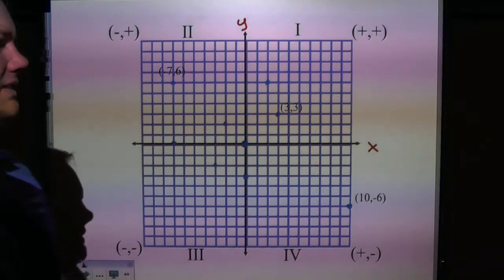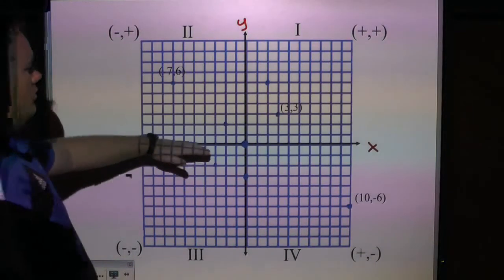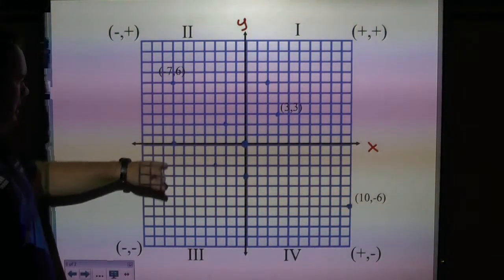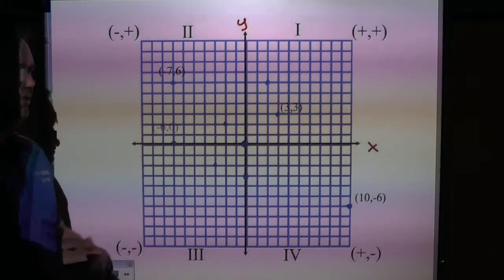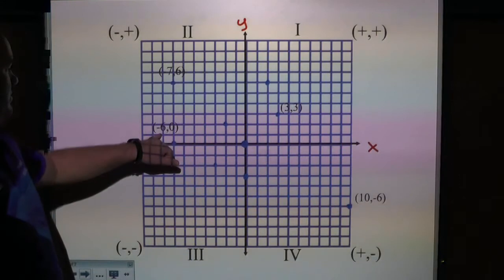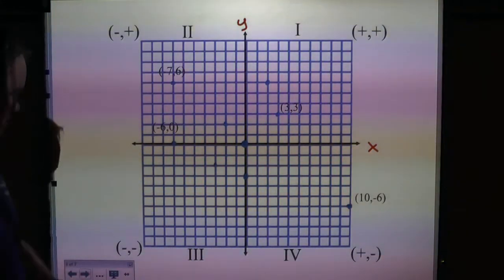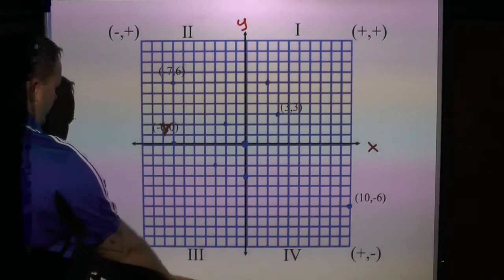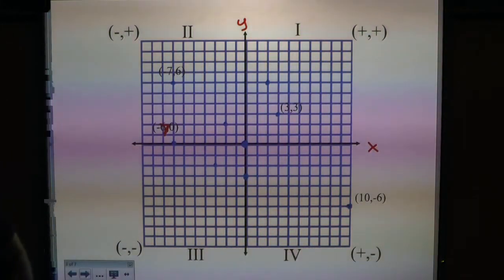The nice thing about this is that anytime you have a point on the x-axis, you don't go up or you don't go down, that means your y-coordinate is going to be 0. All right? So you end up with the point, I apologize, it's supposed to be negative 7. Negative 7, 0. All right.